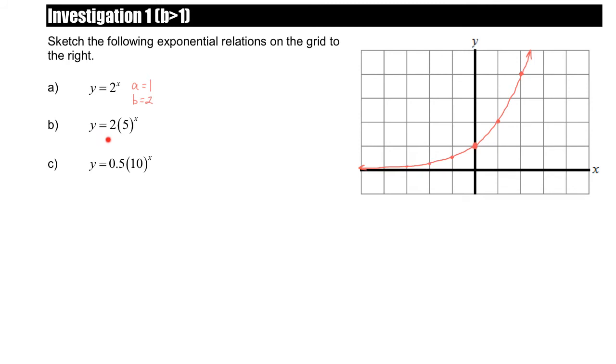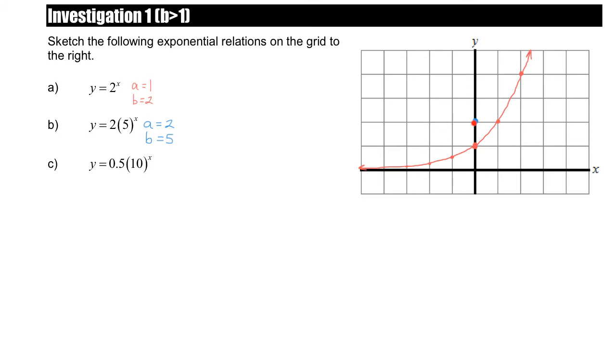For this second one, this time the growth factor is 5, but a is 2, so our y-intercept is 2. So I can plot that. Now my growth factor is 5. That means the next time I go over, my point is going to be 5 times as much. So here, y is 2. 5 times that would be 10. So I'm way off the chart already.